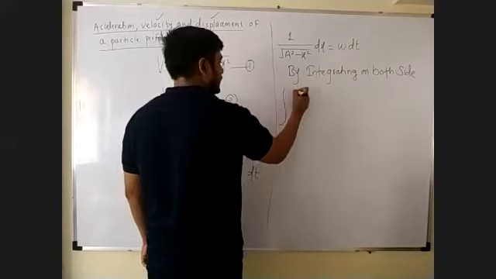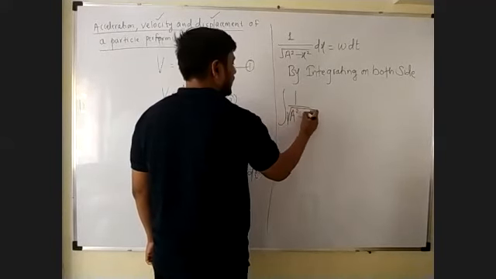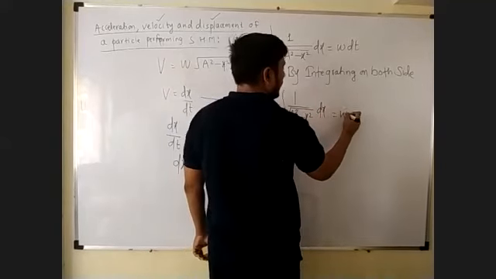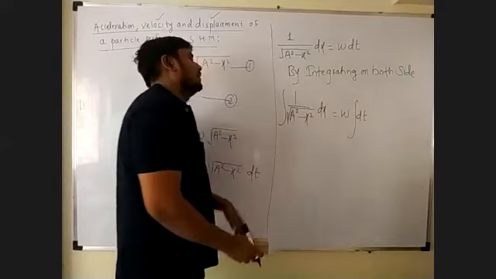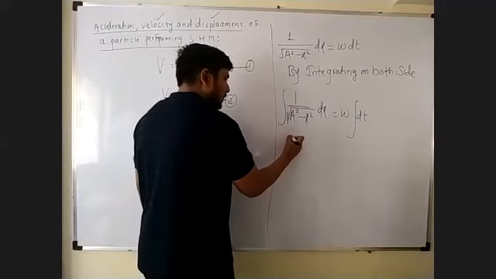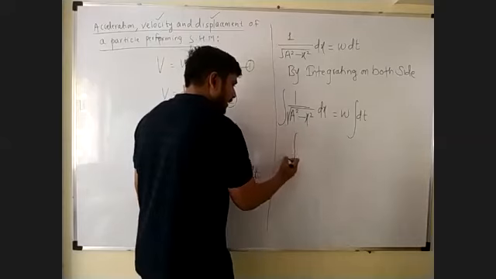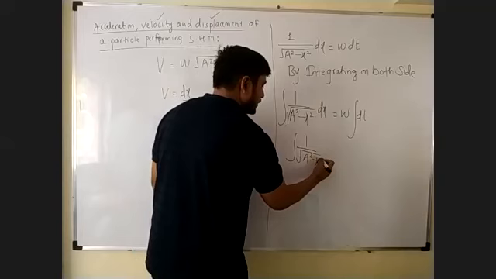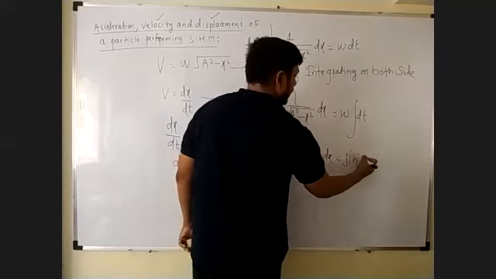Integration of 1 upon square root of a square minus x square with respect to x will be equal to omega, which is constant, times integration of dt, with respect to t. Nothing is there, that means 1 is there. There is a formula: integration of 1 upon square root of a square minus x square with respect to x is equal to sine inverse of x upon a.